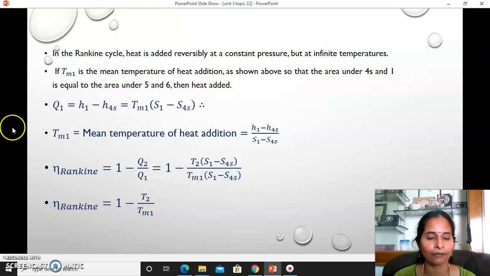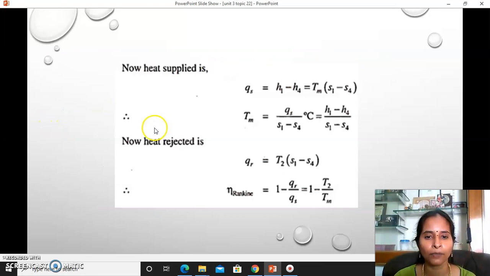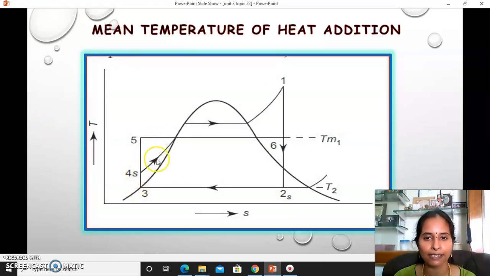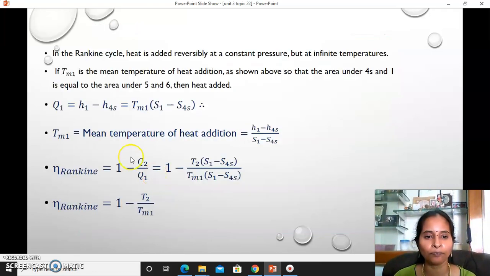Already what I have explained is Q1 is equal to H1 minus H4S, which is equal to Tm1 into S1 minus S4S.